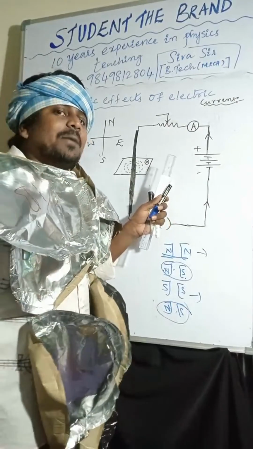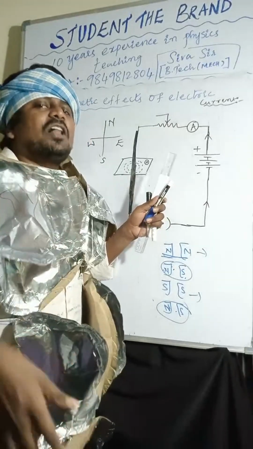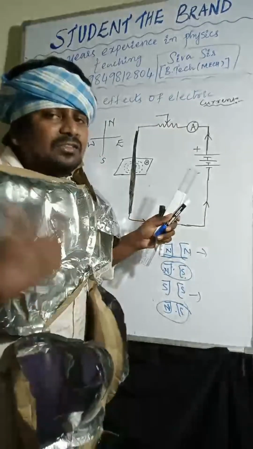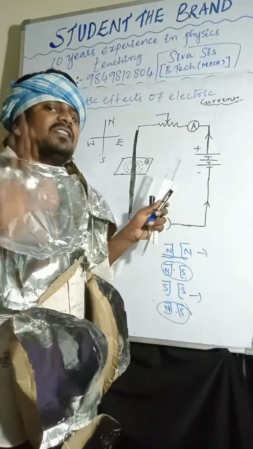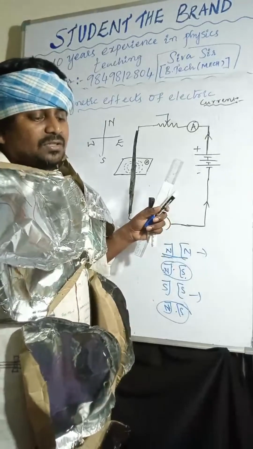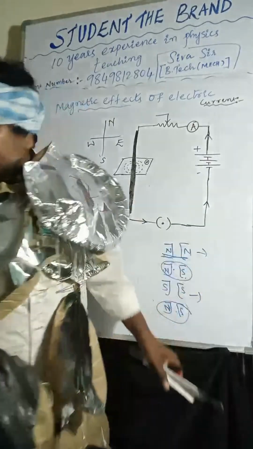Only dissimilar poles will attract; similar poles will not attract, they will repel each other. Yes or no? This is what we are discussing now.